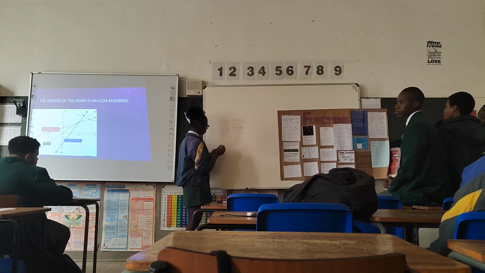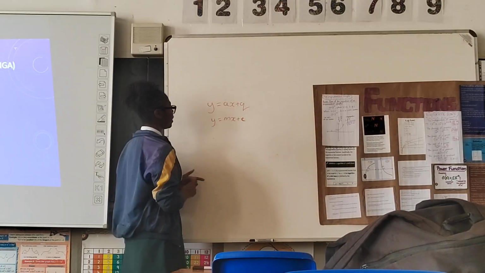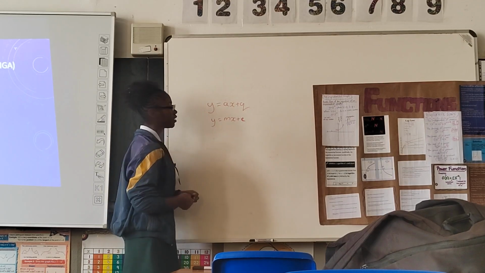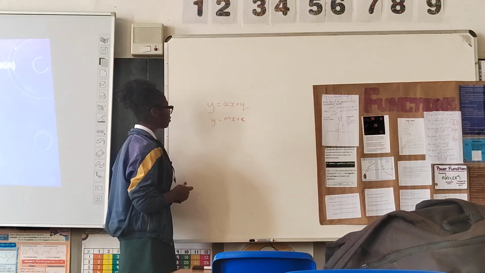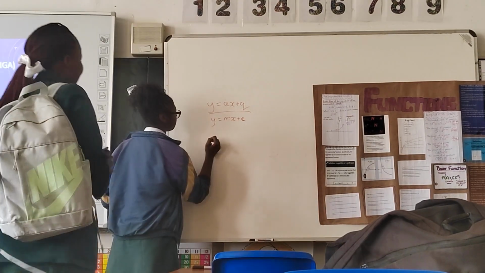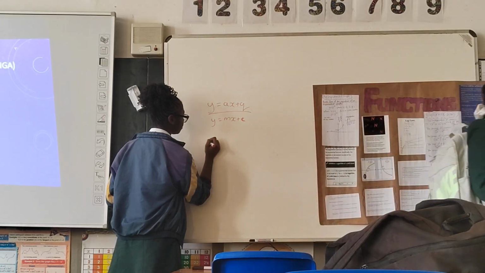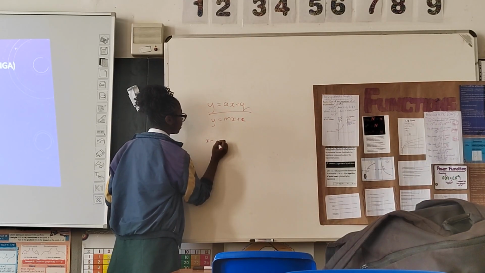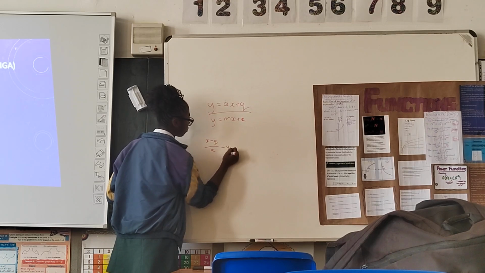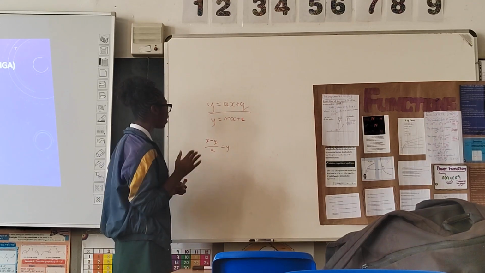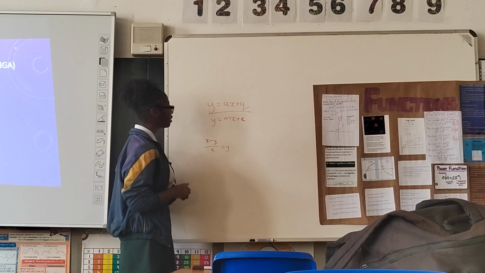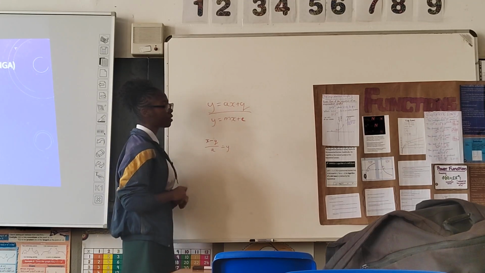The inverse of y = ax + q is then found. The properties of this graph is that it reflects the graph of y = x + q.